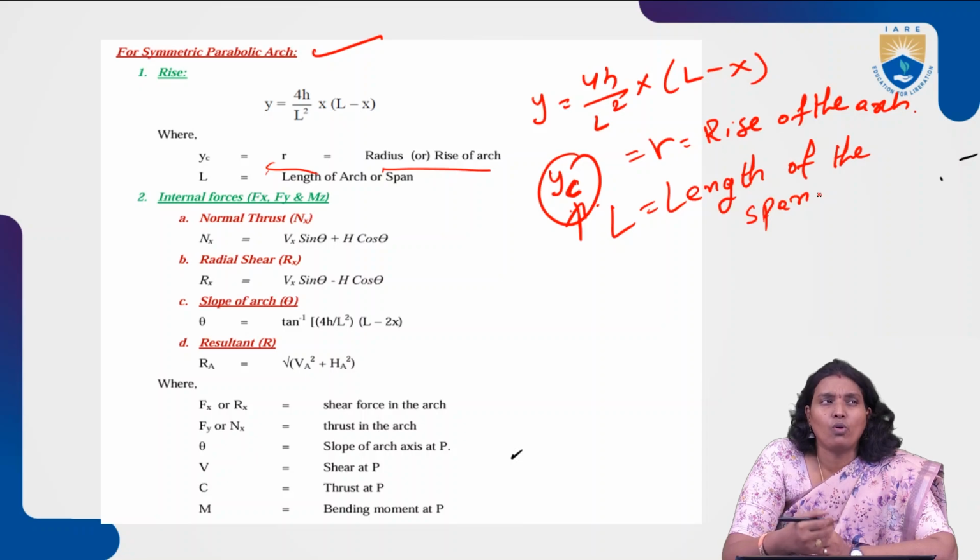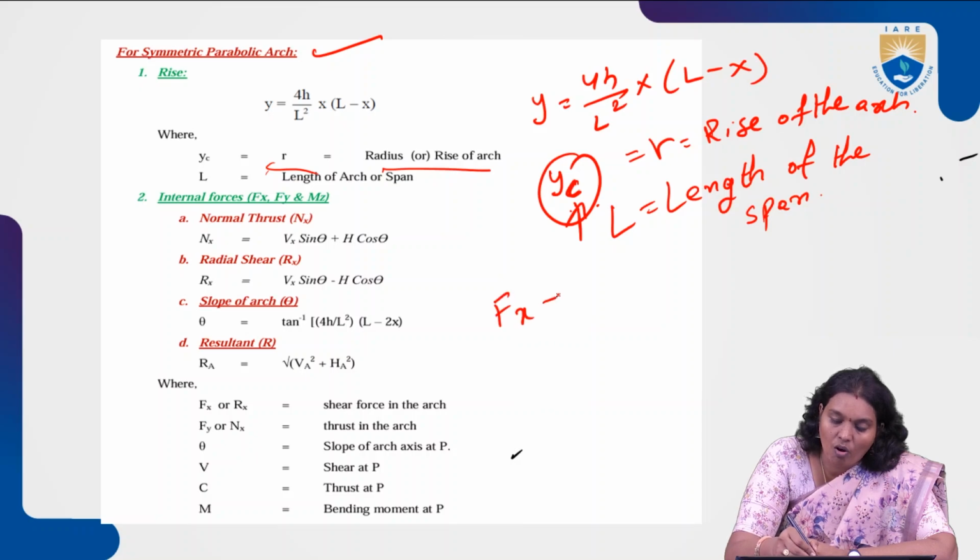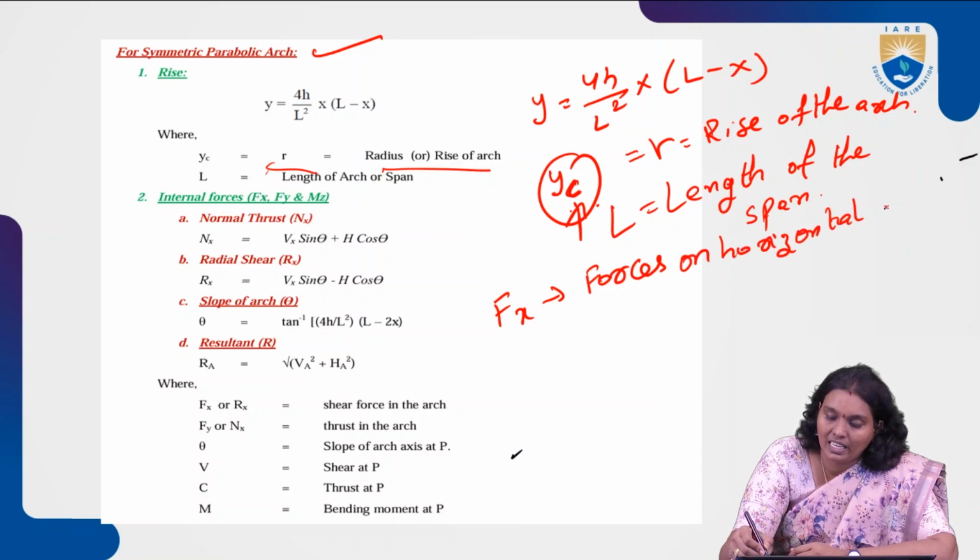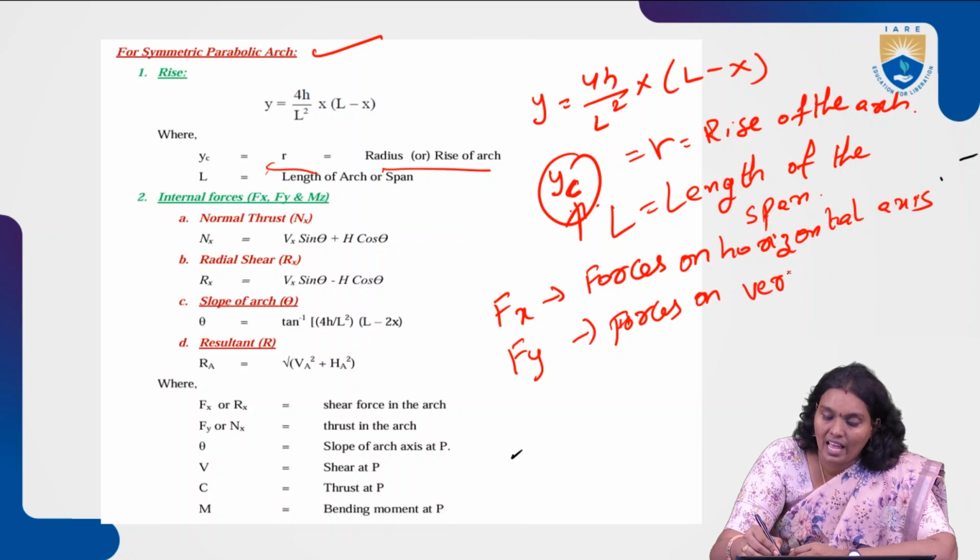We know that different types of forces are involved. Those are forces along the x-axis, the forces involved on the horizontal axis, and f of y, the forces involved on the vertical axis.